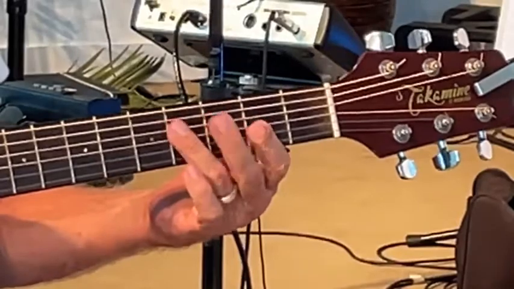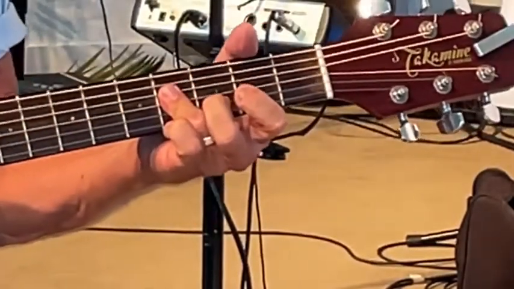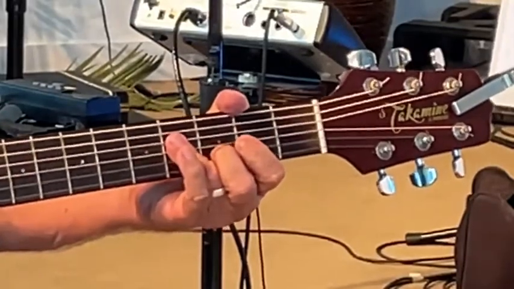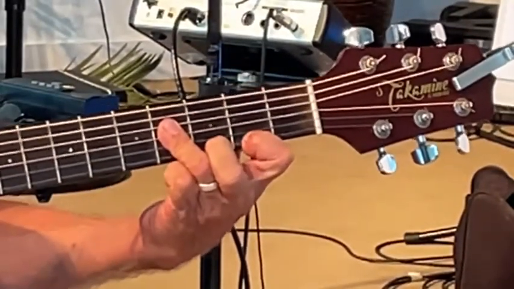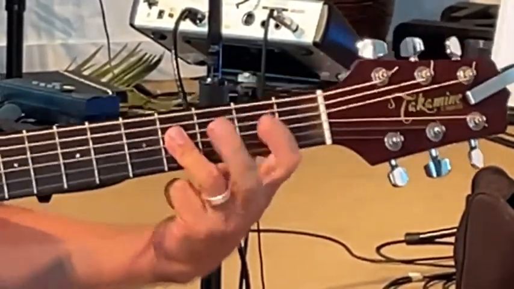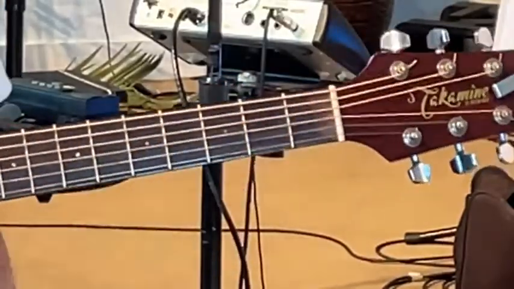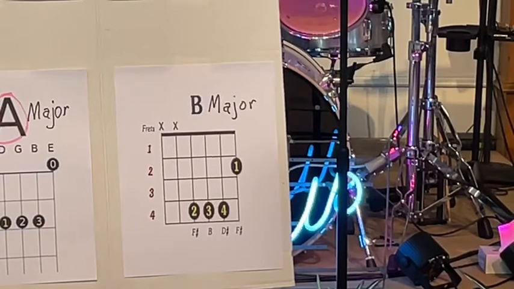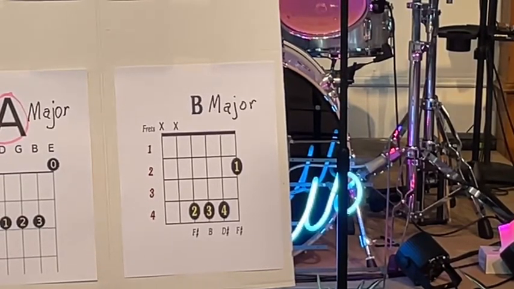I play it that way because after the years, I have learned to just use my finger to push down all the strings. If I'm going to play a B, I myself don't play it the proper way. I'll play a bar chord.